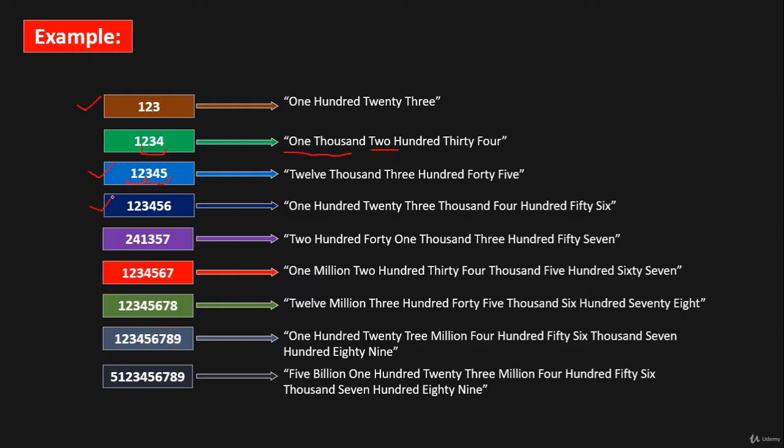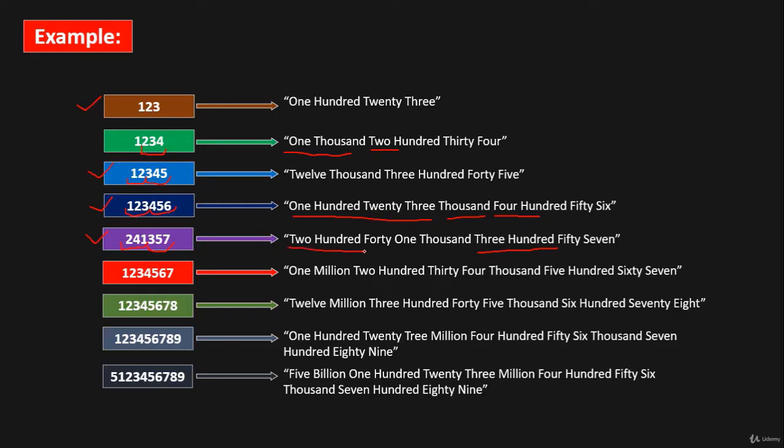Then for this integer, first this base 456, then we have 123, which is for thousand. This is the next 3, so 123,000. Then for this integer, first 357, then we have 241, which is for thousand. This is the next 3 of our last 3 digits.